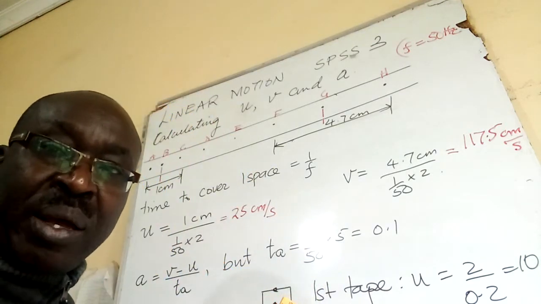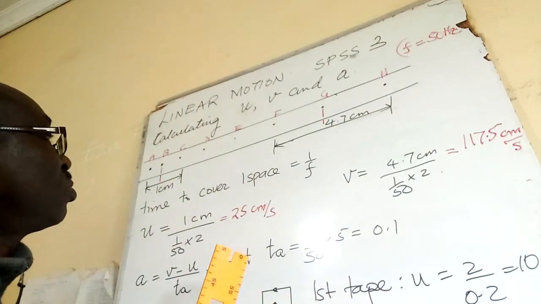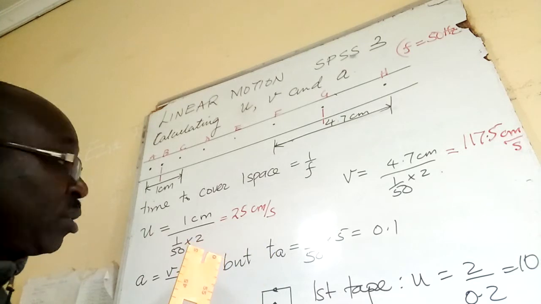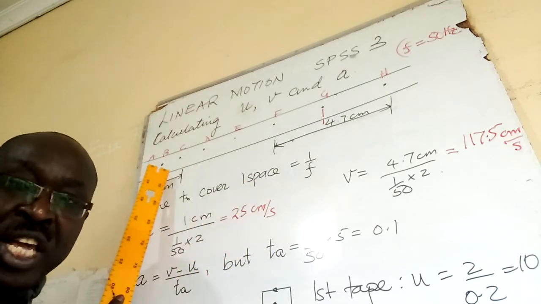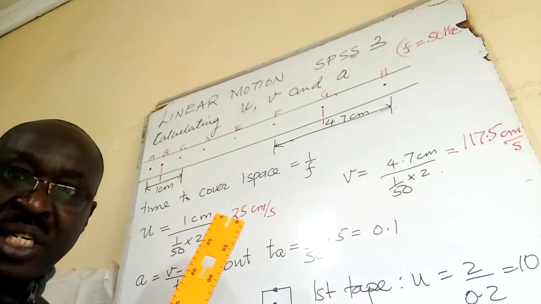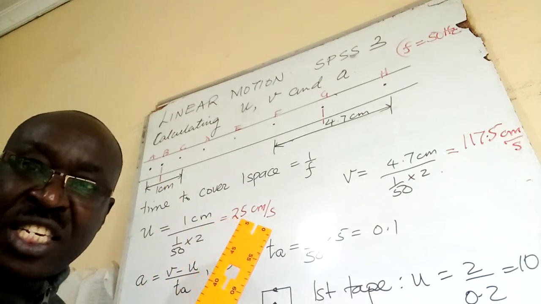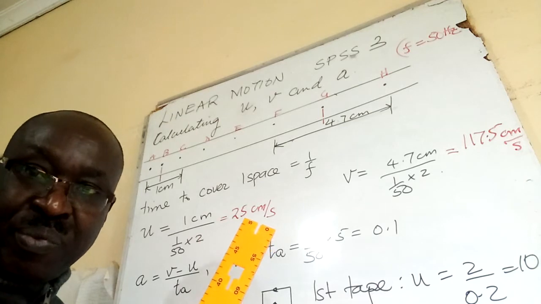Which question may follow? 1. How do you get the initial speed? Speed is distance divided by time.